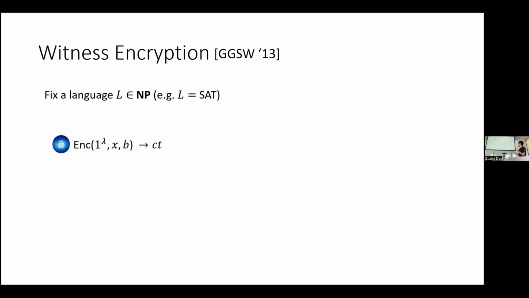Fix a language L in NP, for example SAT, which is NP-complete. The encryption takes the security parameter and a statement X, and you want to encrypt some message into a ciphertext. The decryption takes a security parameter, a statement, a ciphertext, and a witness to this statement, and you want to decrypt the message.